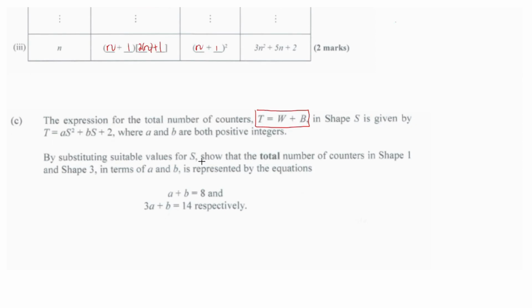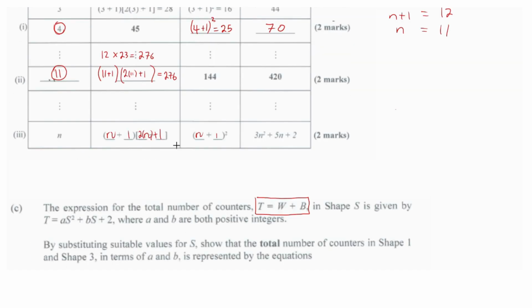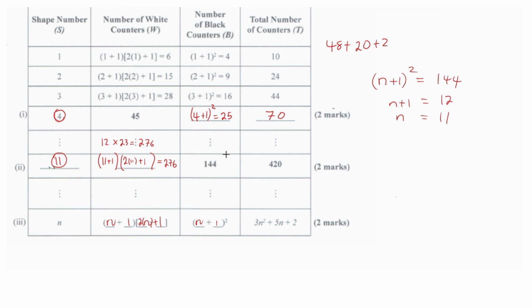So we have t equals w plus b, but also we were told that t is equal to as squared plus bs plus 2. Okay, so from the table we can see that t is w plus b.